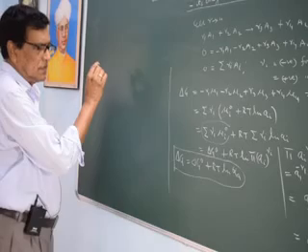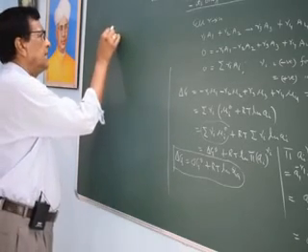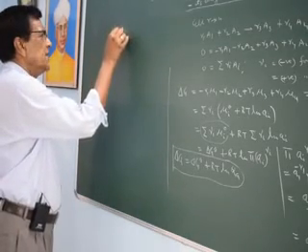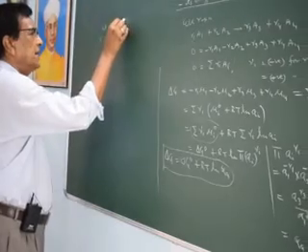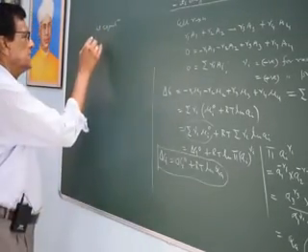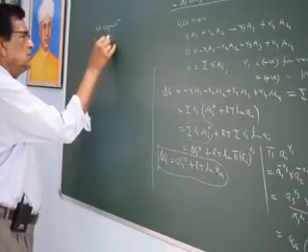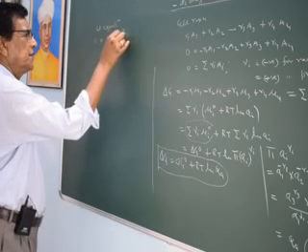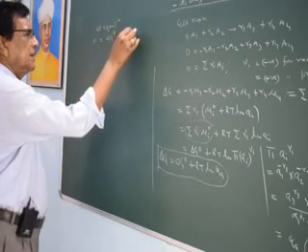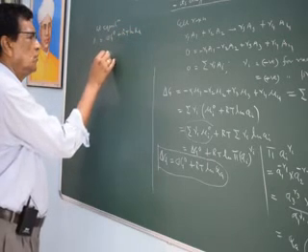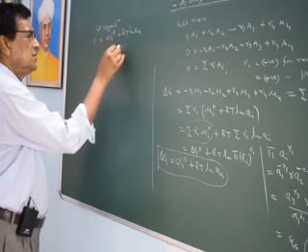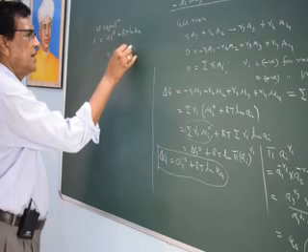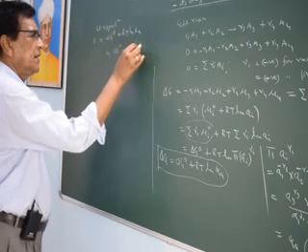So at equilibrium, delta G equals 0, and delta G naught plus RT ln Ka equals 0, or we can write delta G naught equals minus RT ln Ka.